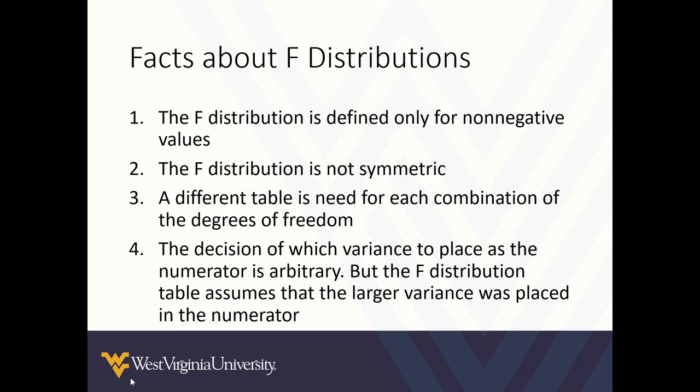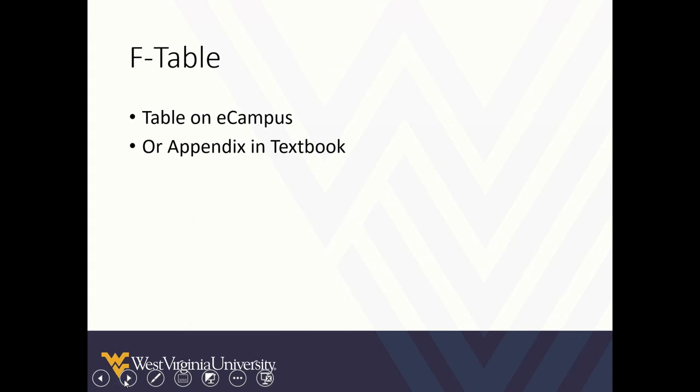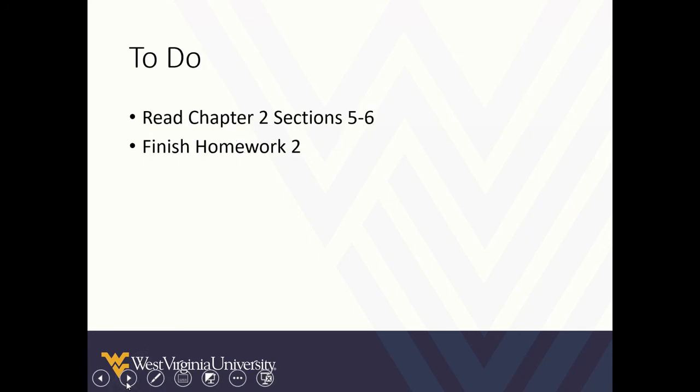And in general, as statistics teachers, we make it the rule of thumb to tell you, always put the larger variance in the numerator. And if you're interested in the F table, you can find the table on eCampus. It is several pages long, and I do encourage you to look at it. You're not going to have to do a whole lot of using it at this stage, but that is forthcoming.